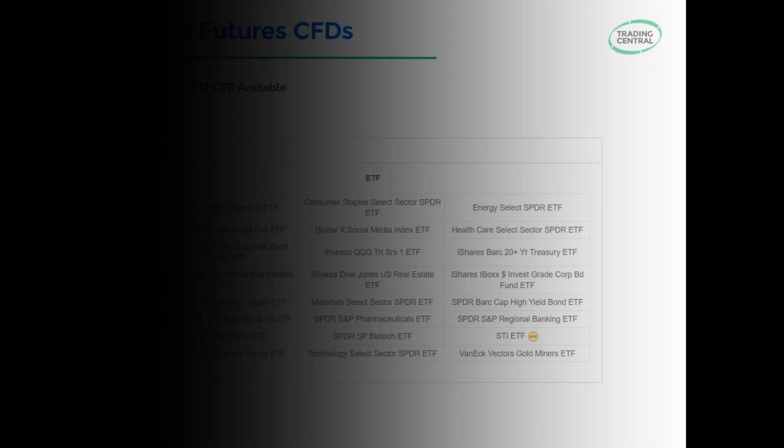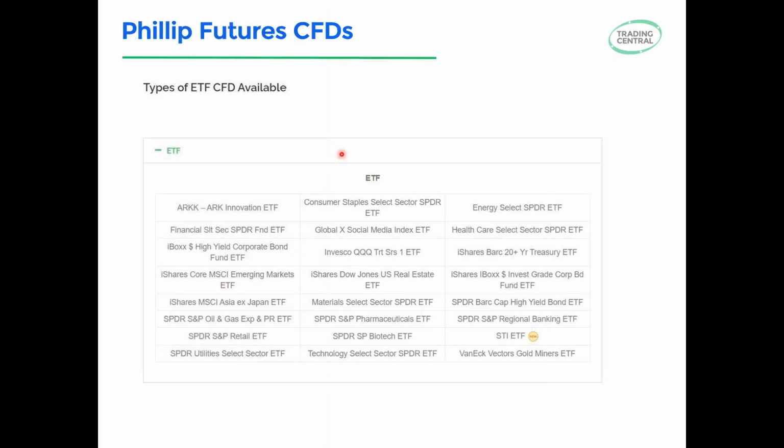Okay, now today I will talk about some US stock sectors, and I think our friends at Phillip Futures have done a very good job. They have just introduced some more CFDs that correspond to ETFs. Those ETFs invest in different sectors and different companies in different sectors.